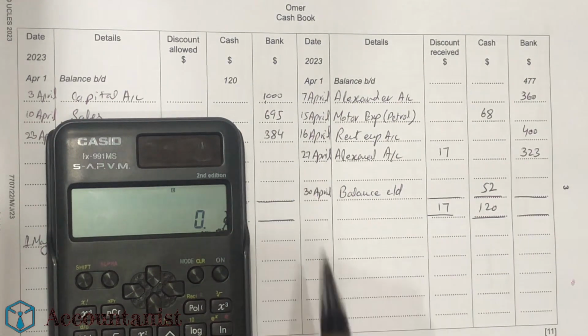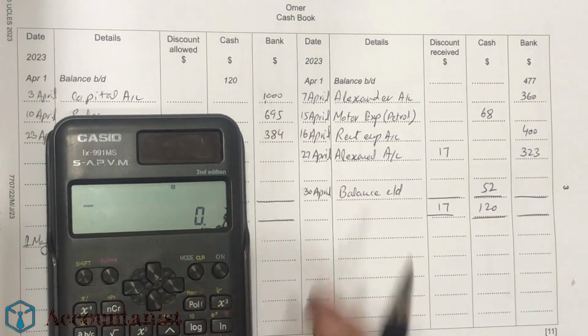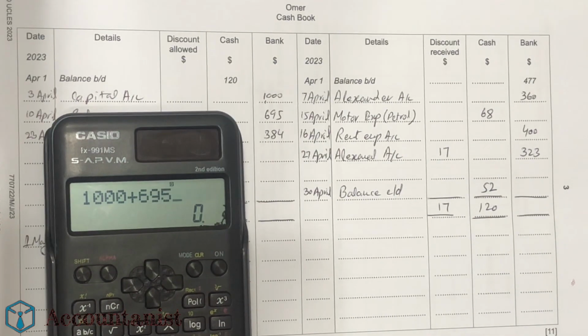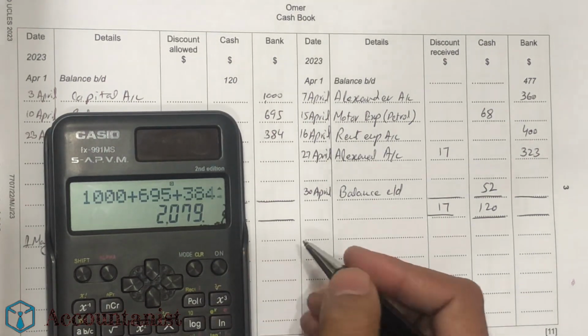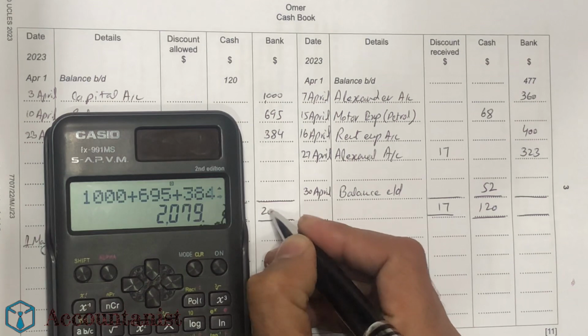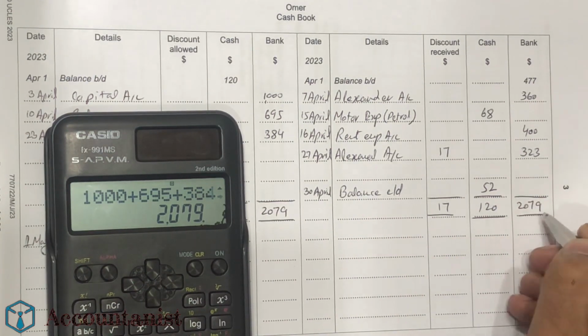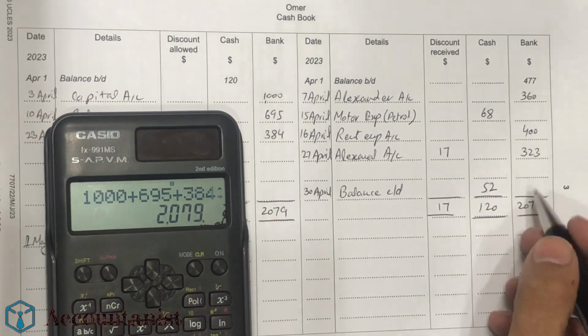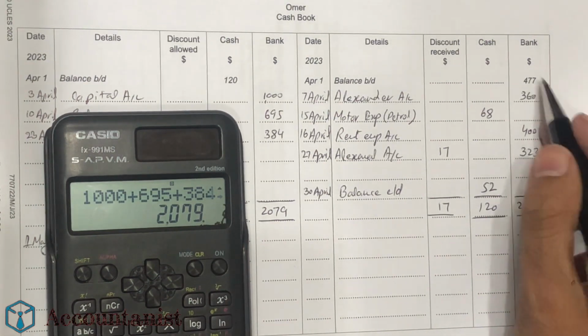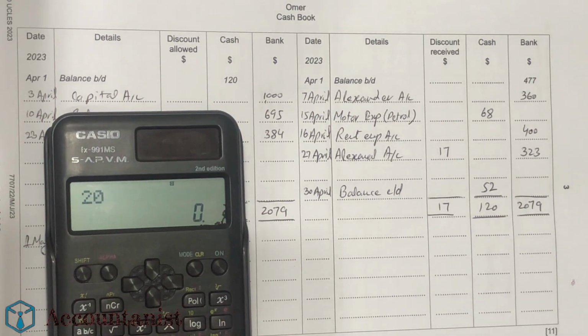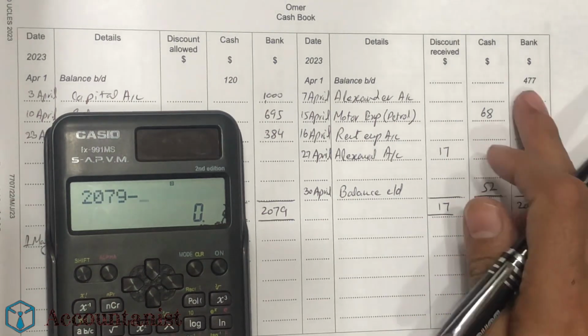So this side has a bigger value, so let's add this 1000 plus 695 plus 384. So the total of this side is 2079, and I will transfer this 2079 to this side, and then I will deduct these four figures. Do not forget the opening balance as well, because most of the students forget to deduct this.